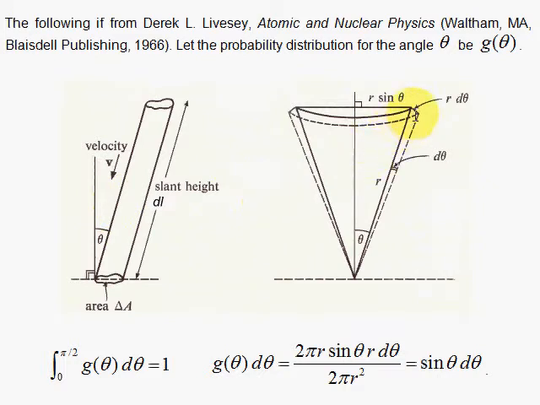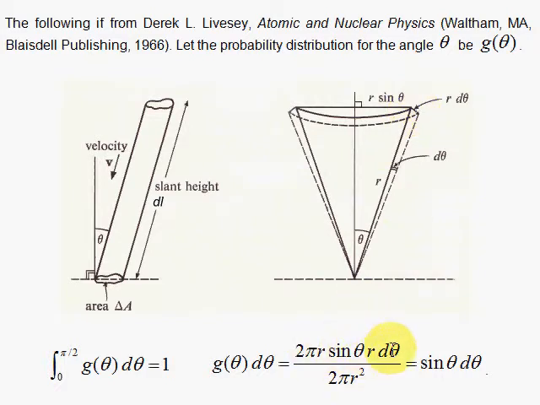There's a clever way. We think of a cone, and if we have a cone where we have all the possible theta angles, we're going to get 2 pi r sine theta times r d theta for the little ribbon width.